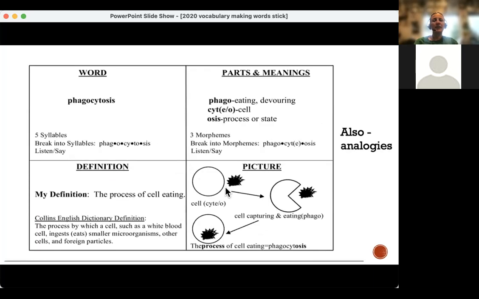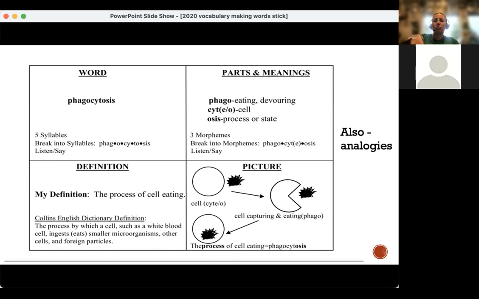Okay. So again, another way, if you want to play around a little bit more with particular words, and you see a word and think, oh my gosh, what is that word? You write the word, you might break it up by how it's pronounced. Then you're going to have those meaning parts, and I'm obviously recommending the definition. Pictures are worth 1,000 words. Come on, right?